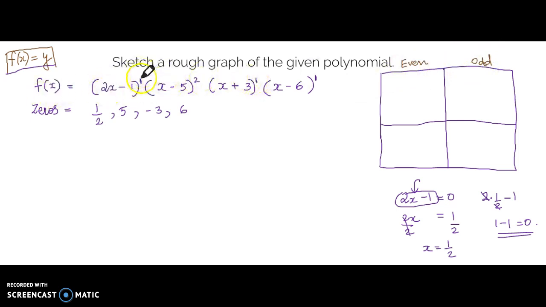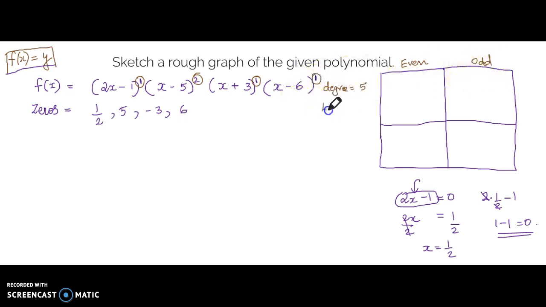You add up the degrees of the individual factors: 1 plus 2 plus 1 plus 1 is 5. 2 plus 1 is 3, plus 1 is 4, plus 1 is 5. So the total degree here is 5, so it's going to fall under this column.